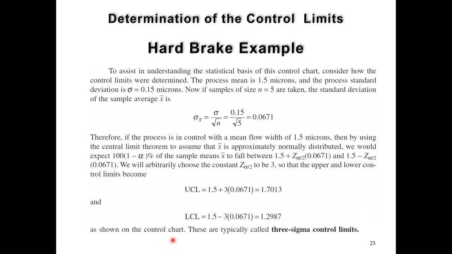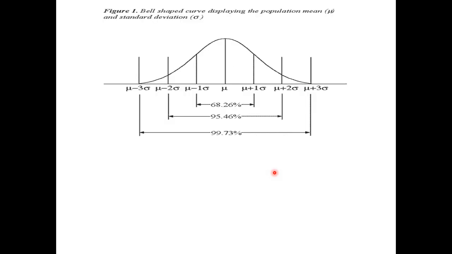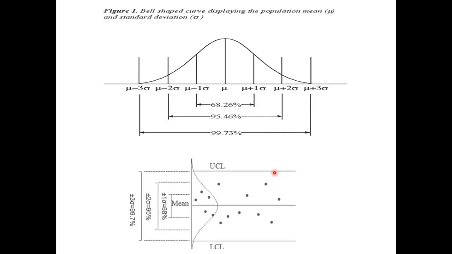Typically a control chart will have 3 sigma control limits. As we have looked at just now, instead of using a more accurate value of 2 point something, we take only 3 for the computation of 3 sigma control limits. Again, this is the knowledge of confidence interval and central limit theorem.